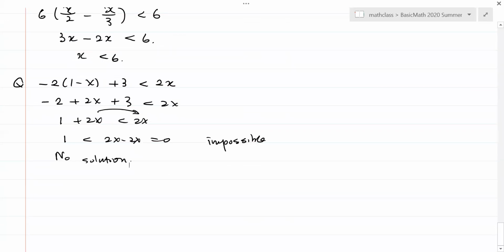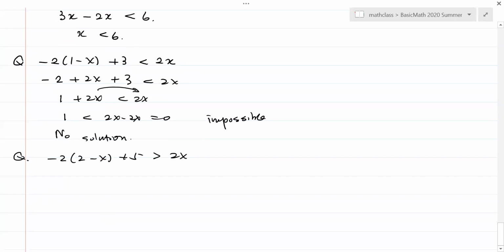All right, so the next problem is -2 times (x plus 5) greater than 2x. Now let me show you this step by step, okay? So you multiply this out, -2 times x is -2x, and -2 times 5... plus 5 and greater than 2x, okay?